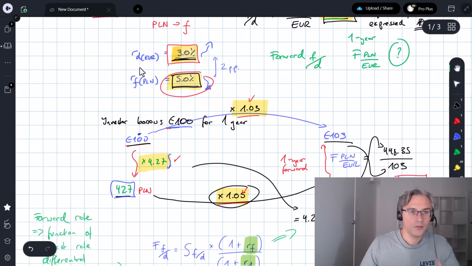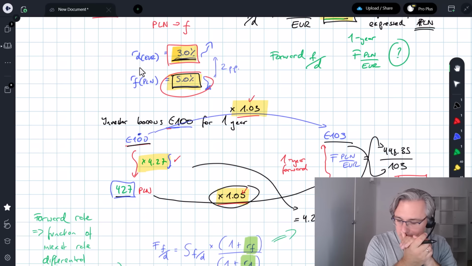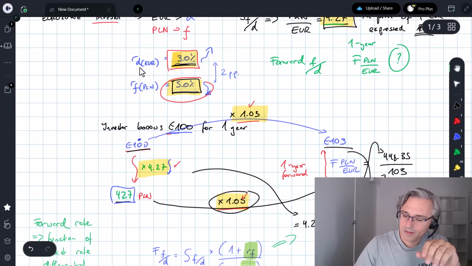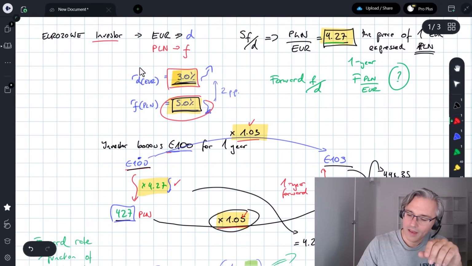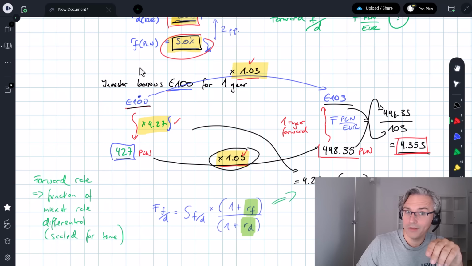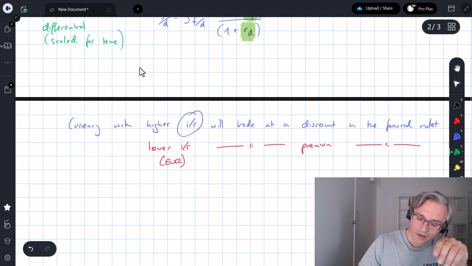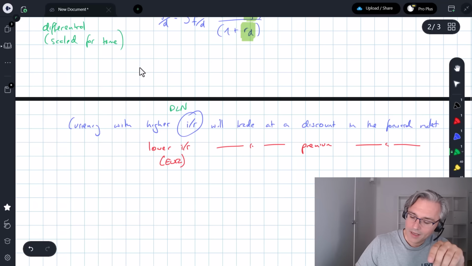By the same token, or the mirror argument here is, whilst in the spot market, 1 euro can get you 4.27 zloty, in the forward market, 1 euro gets you more Polish zloty, which means the Polish zloty, the currency which had the higher interest rate, has depreciated.